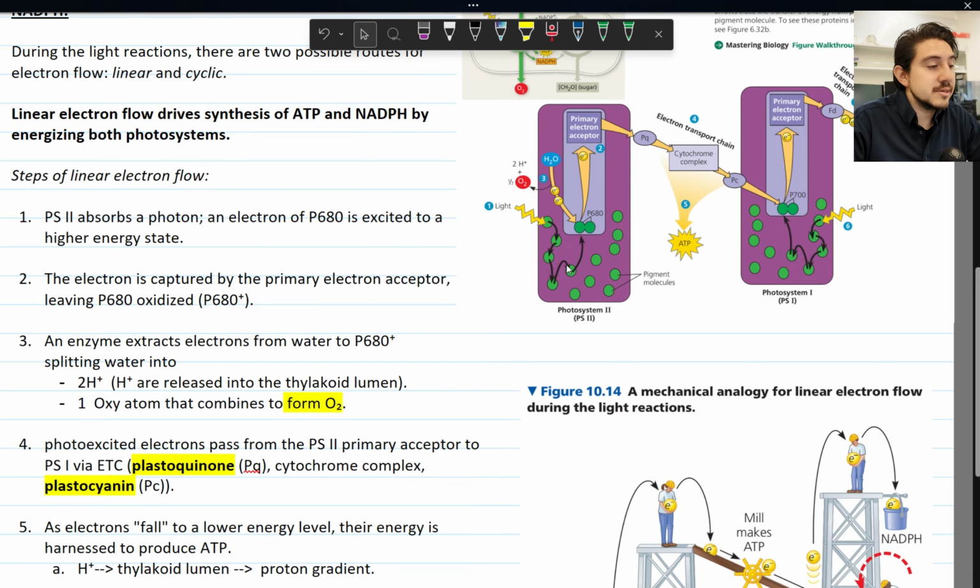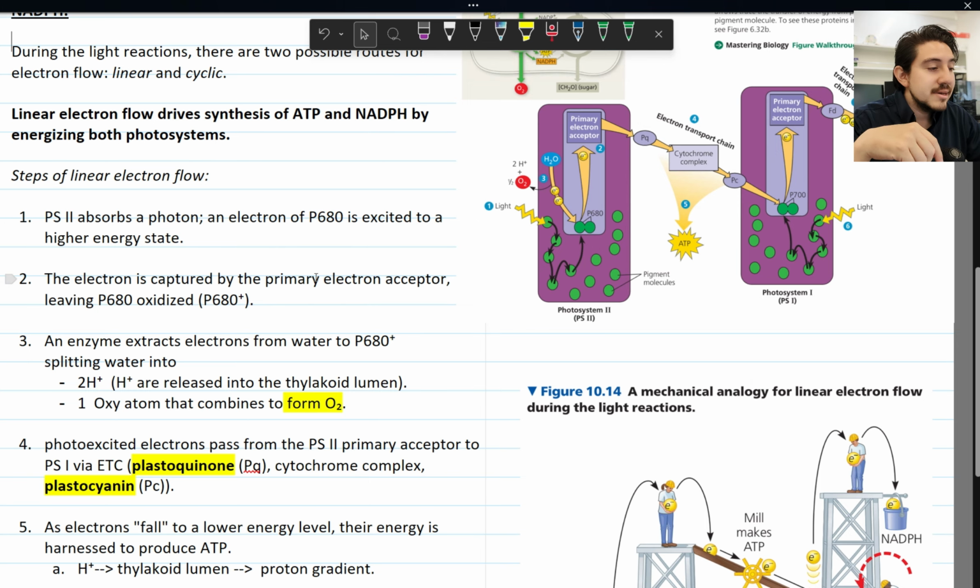Photosystem 2 absorbs photons, so light, from the environment, and these harvesting pigment molecules absorb that light, and as it's passed from one to another, that electron is going to get excited from your P680 chlorophyll A. Okay, as the electron gets excited, it is captured by the primary electron acceptor.